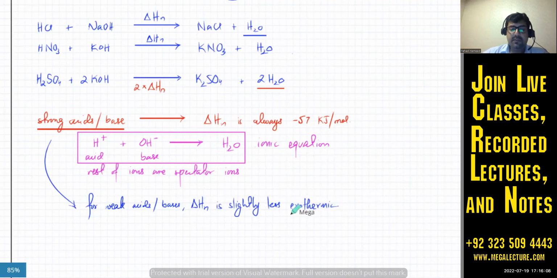So the first question is, why is it slightly less exothermic? The range would be around -52, anything less exothermic, -52 kilojoules to maybe -55 kilojoules per mole. So what's wrong with weak acids? Why is it less exothermic?